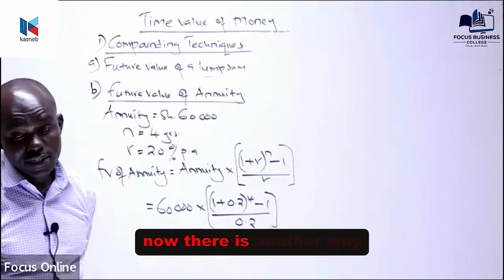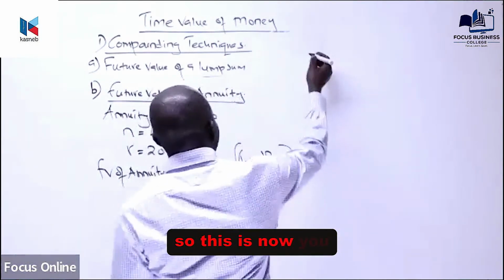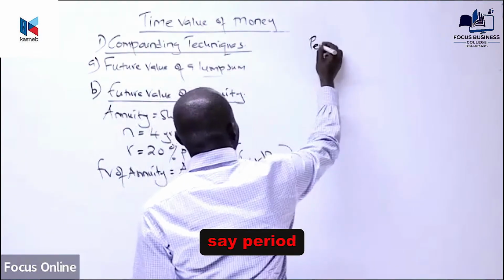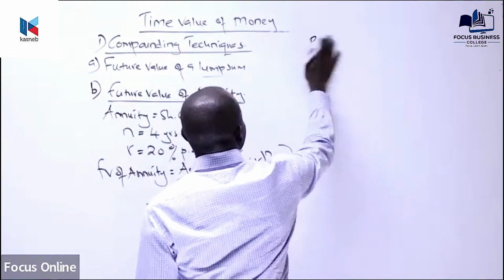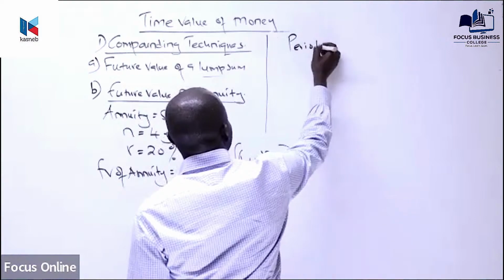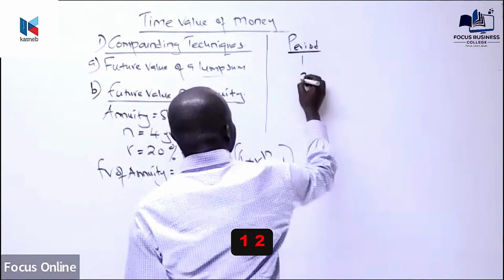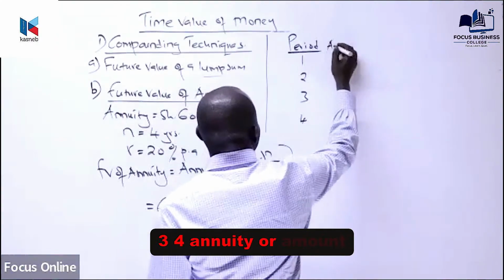Now, there is another way of doing this question. So this is now, you say period, 1, 2, 3, 4, annuity or amount.